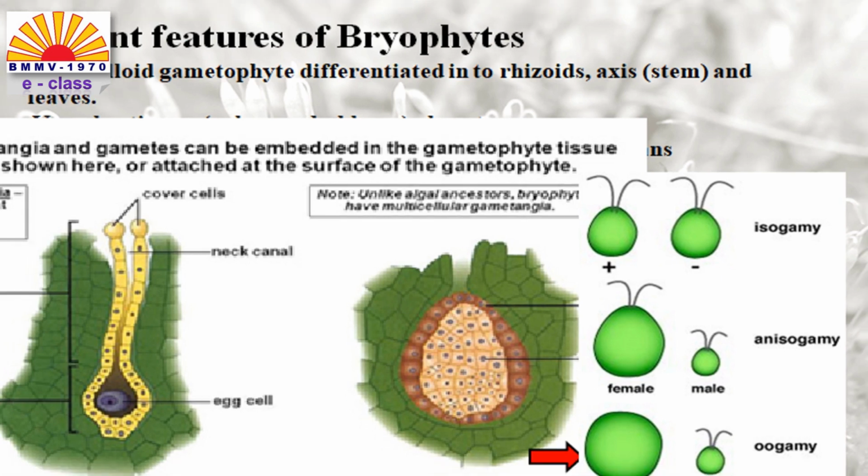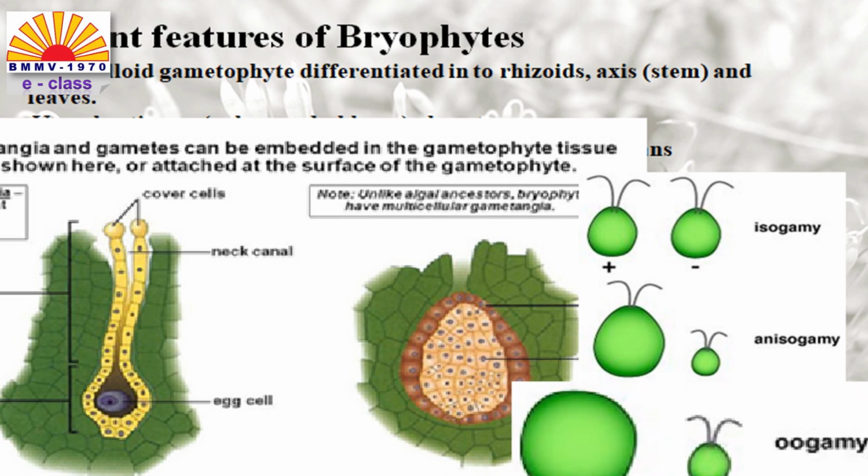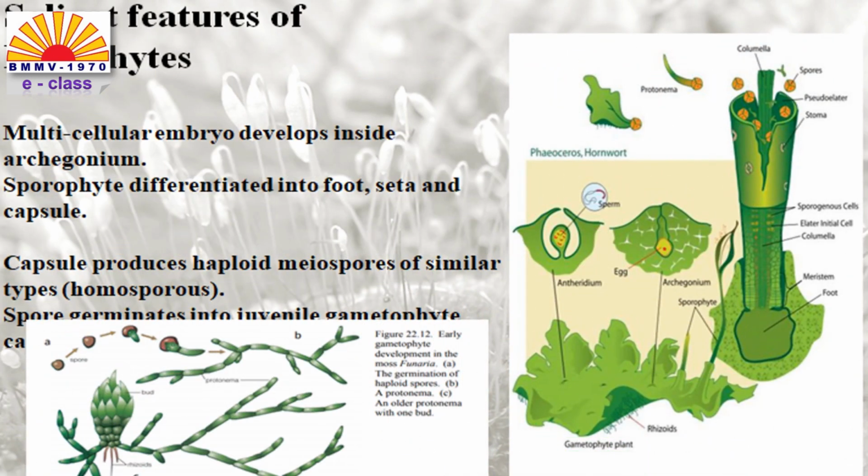Another important feature is that the multicellular embryo, that is 2n, will develop inside the archegonium. As I said, the sporophyte is never independent. It will grow inside the archegonium and remain attached with the archegonium with the help of a foot. There is a long seta and a capsule.